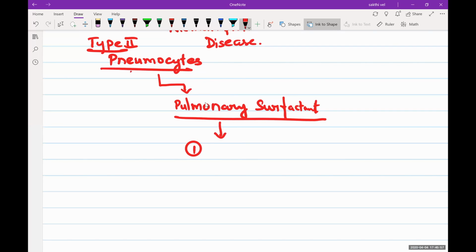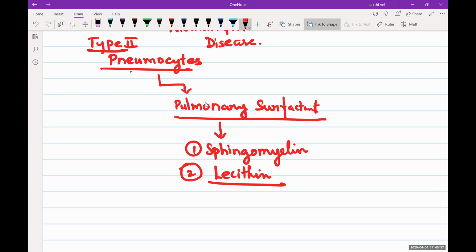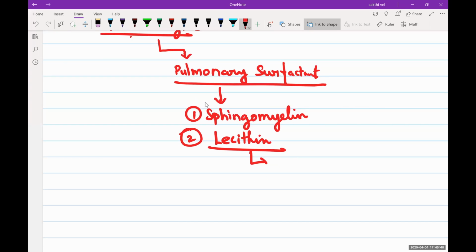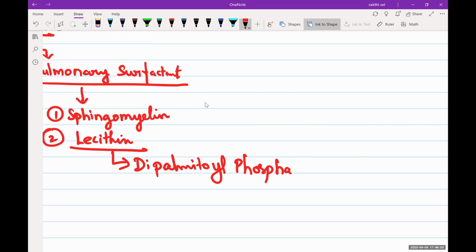One is sphingomyelin, another one is lecithin. And this lecithin is also known as dipalmityl phosphatidylcholine.